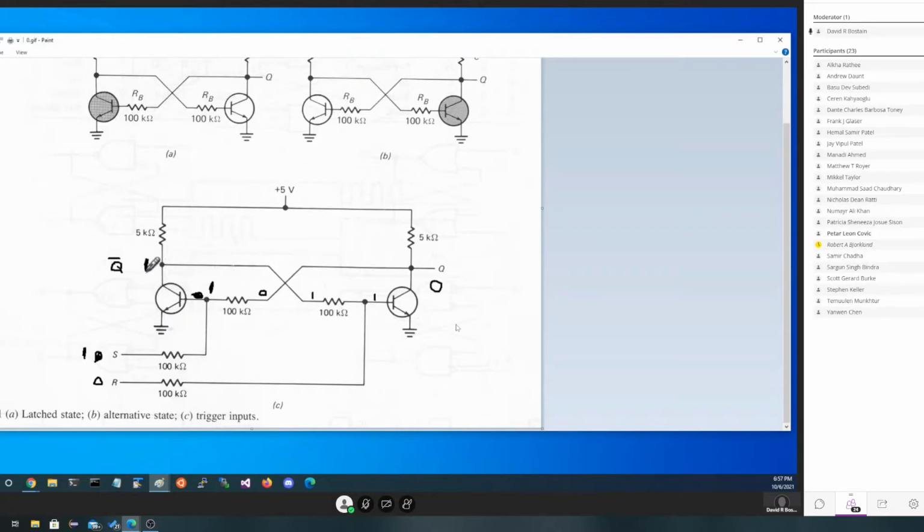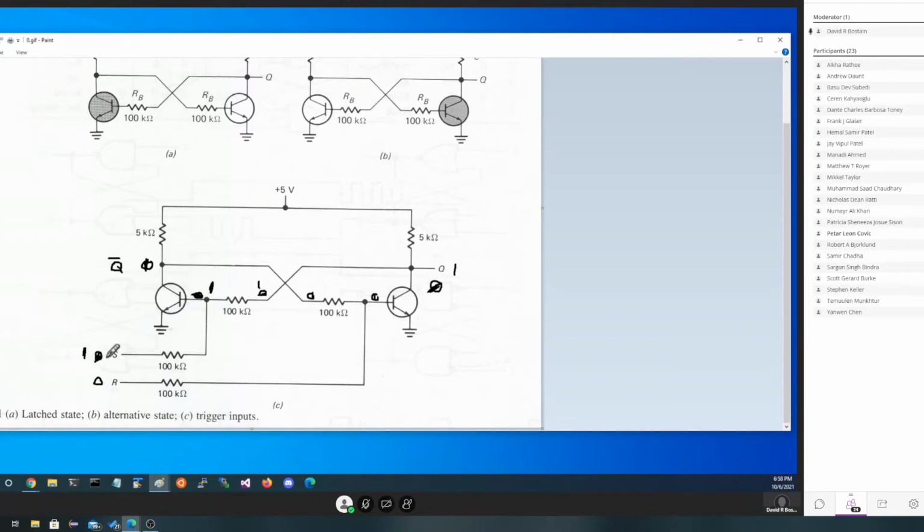If this transistor is on, this becomes a 0, which is a 0 here, supporting being a 0 here, which means this guy is off, leaving a 1. And the 1 we've gotten from here is going to be supported right here to keep this guy on.